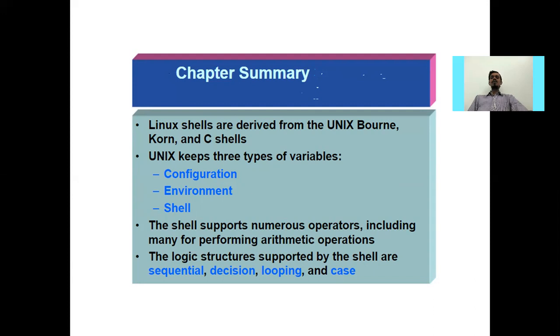Decision structure means if then else, where we have to make a decision. Looping or iterating means for loop, while loop, do while loop, and for each loop. And case structure is where we go through different cases and decide on one case at a time. So this is the chapter summary of this session.